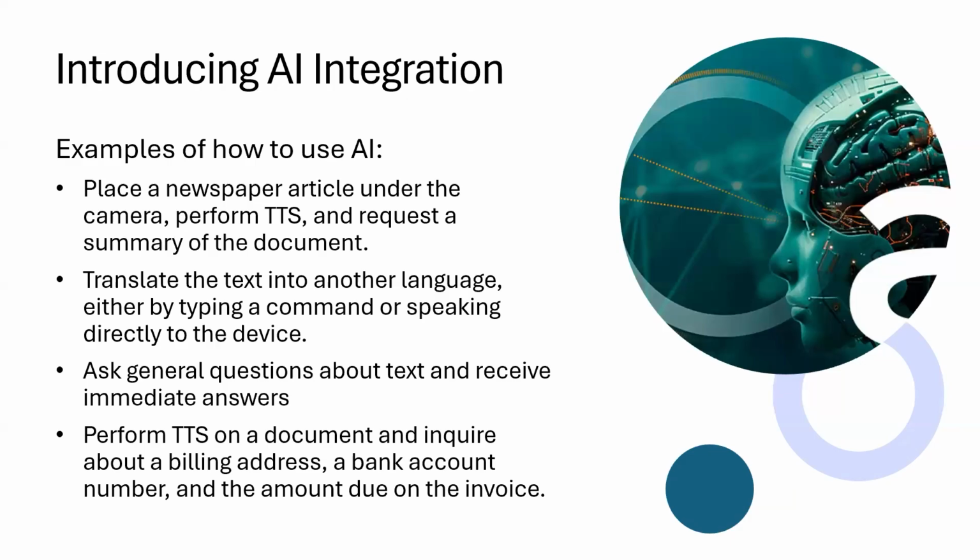And the 3 that I mentioned that you can use it with again are the MLS, plugging the MLS directly into an iPad, using the iTab, or the AirGo. Some examples that Christopher will be showing off live in a little bit of how to use the AI: place a newspaper or an article underneath it, perform text to speech, and then request a summary of the document.